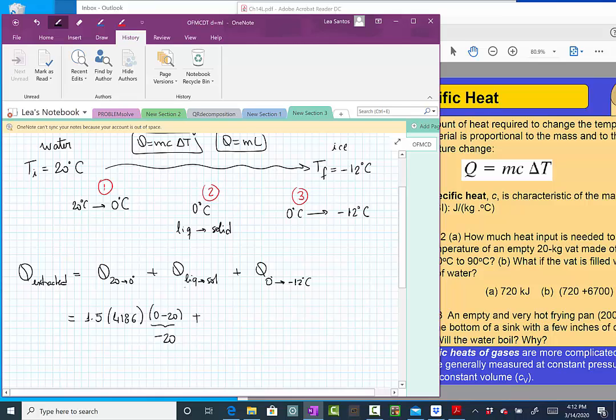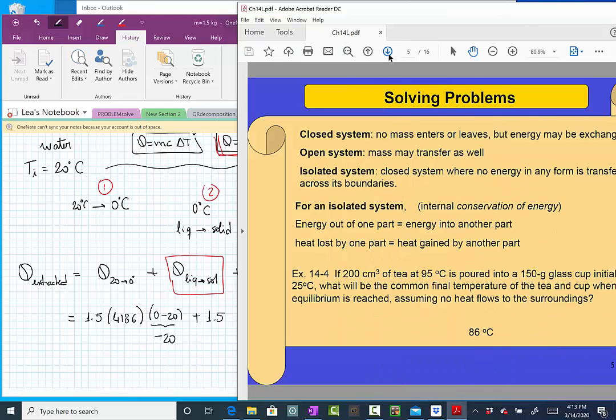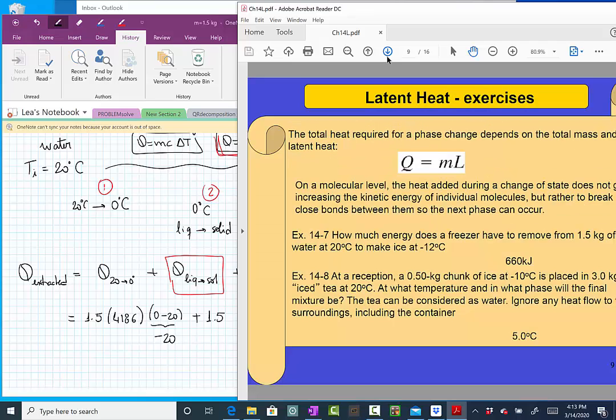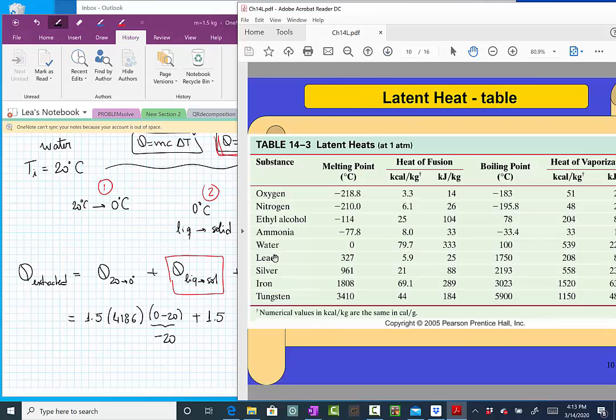Then comes the phase change. What is the equation that we use? This one, mL. M is still 1.5. This mass has not changed. What is L? Let's go to the table of the latent heat. We are going from water to solid, to ice, so we are going to use 333 multiplied by 10 to the 3.